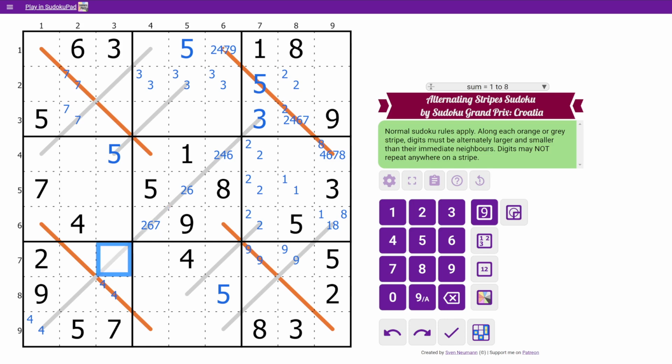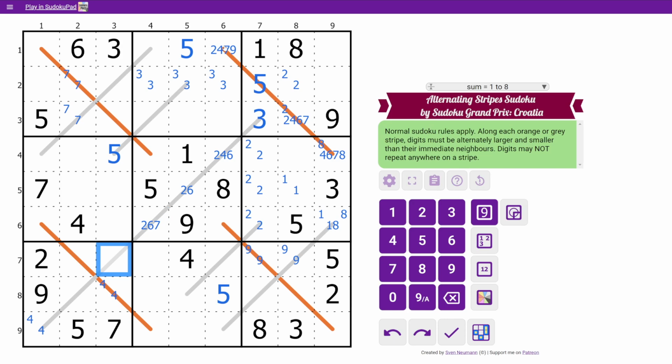Let's keep going, see if we get anything. So if it was a 2, the other number was higher. As in, it was lower than that one. This has to be higher than a 2.